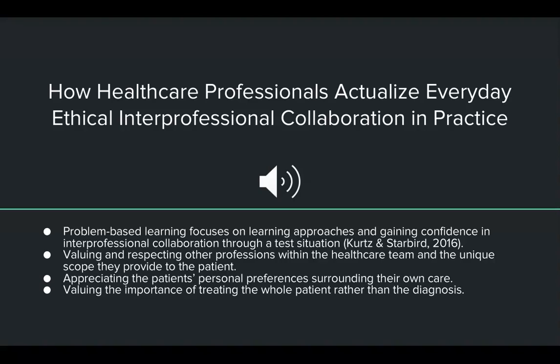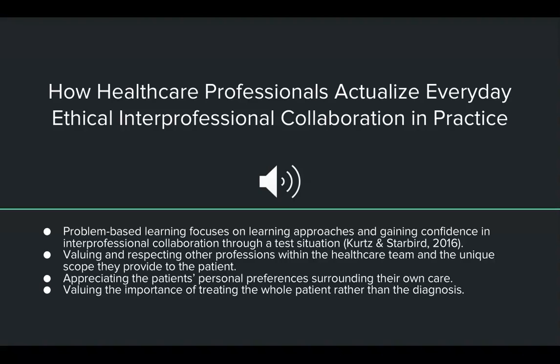Respiratory therapy does a lot of the breathing treatments and a lot of the vent settings. The providers do a lot of the ordering and managing of the patient, and the nurses do a lot of carrying out these orders. So it's important that all of these team members value each other's individualized approaches and skill sets to be able to provide quality care for the patient, and appreciate the patient's personal preferences surrounding their own care.